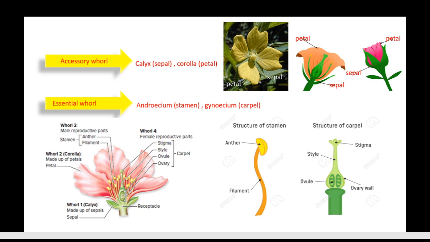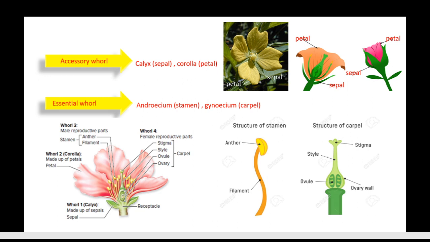In the figure or diagram, here you see sepal. Normally sepals are green in color. If it is colored, then sepals are termed as petaloid. Otherwise sepals are termed as sepaloid.